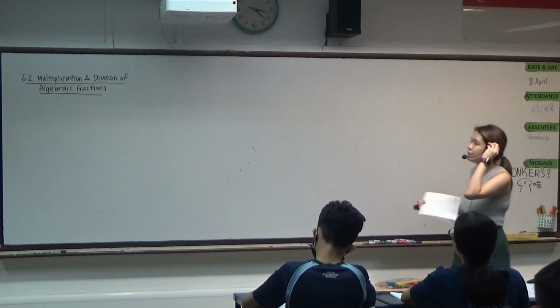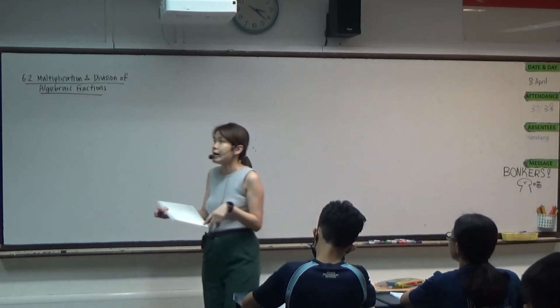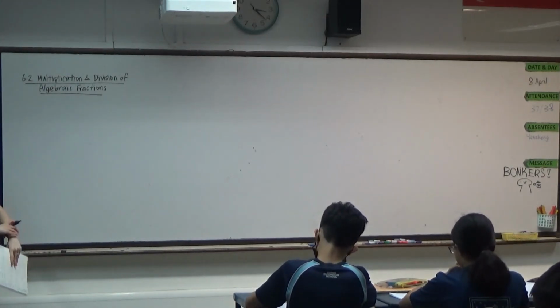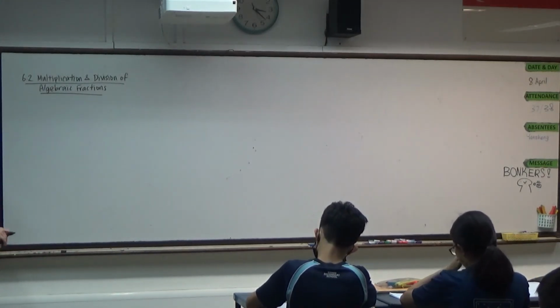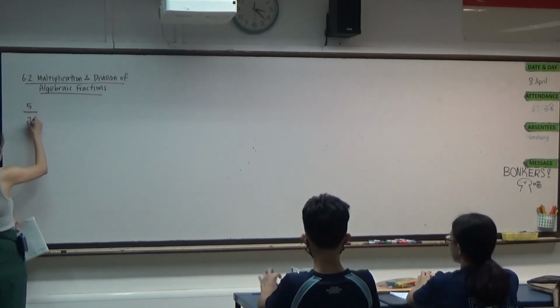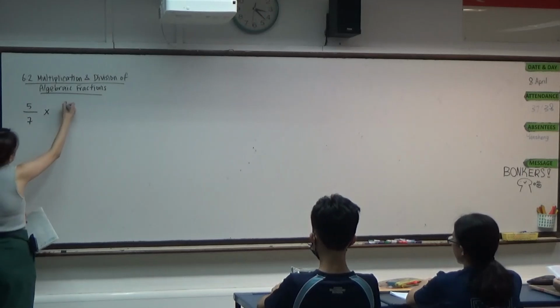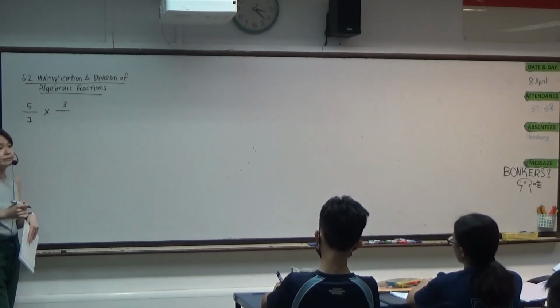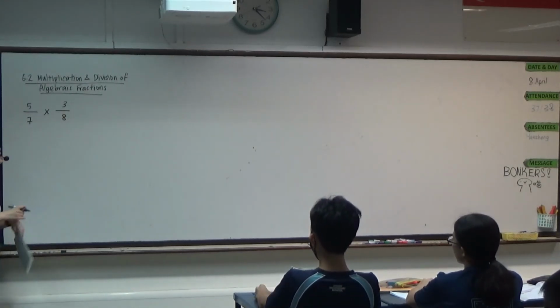In our last lesson, we were looking at multiplication and division of algebraic fractions. Let's do a very quick recap with our understanding of numbers again. So let's say I have 5 over 7 times 3 over 8.